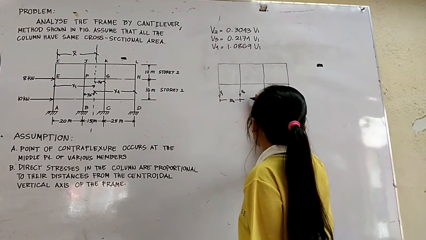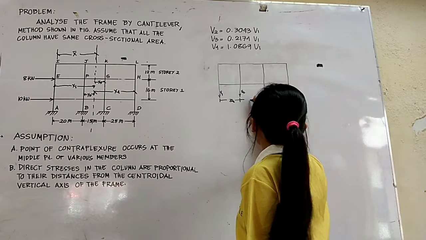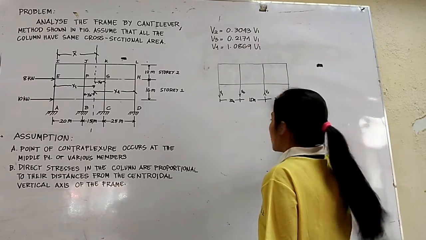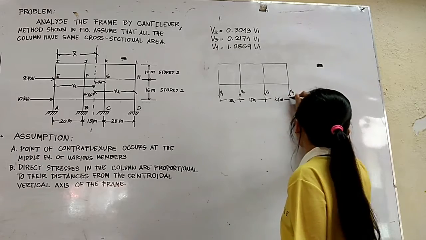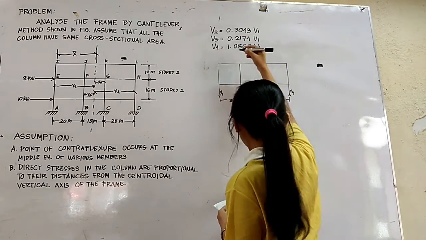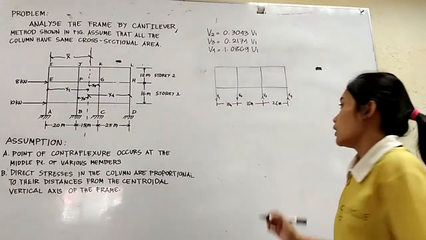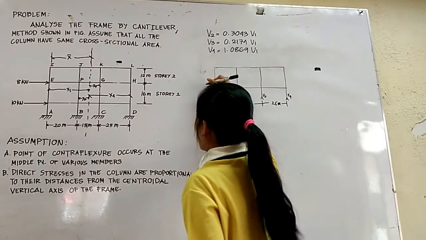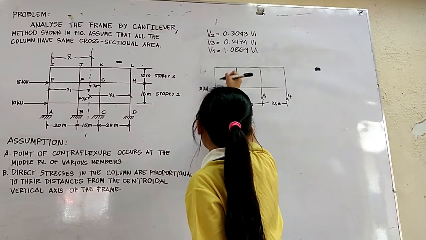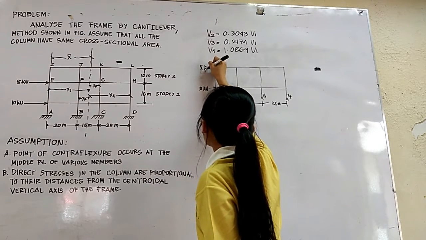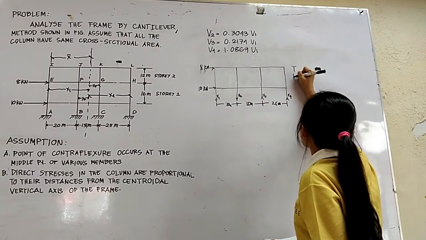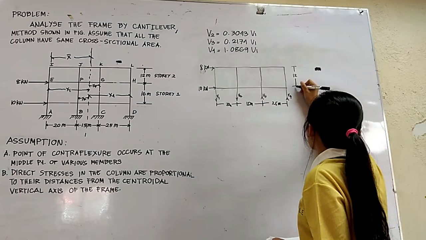Same goes with V2 to V3, which is 15 meters, and 25 meters. We have a 10 kilonewton load here and an 8 kilonewton load, with distances of 12 and 16.